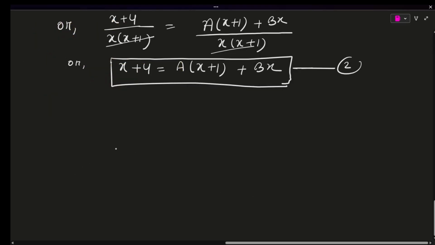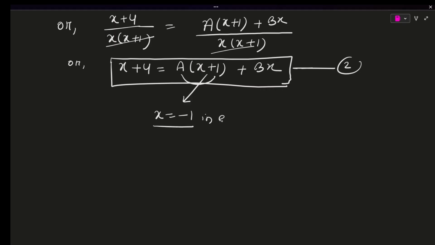Now what will you do? You can see that if we put x equals minus 1 here, the whole a term will be 0 and we will get the value of b only. So now we will put x equals minus 1 in equation number 2. What will we get?